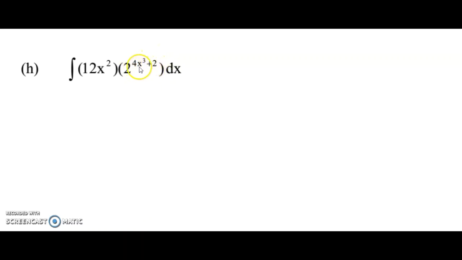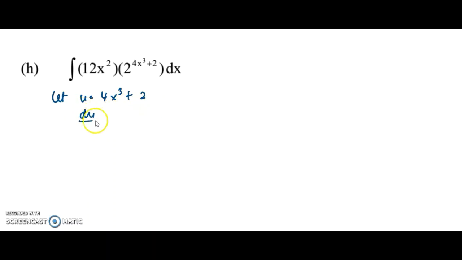If we let u equal 4x cubed plus 2, when you differentiate du/dx, you will get 12x squared. So 12x squared is just nice. You can see the 12x squared is in your question. So the appropriate u will be 4x cubed plus 2.